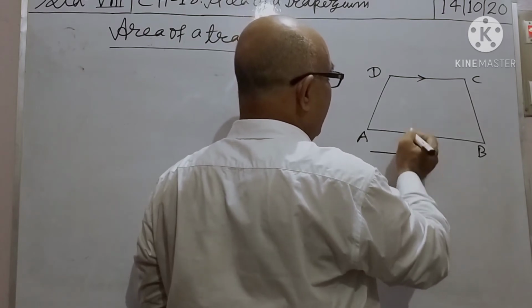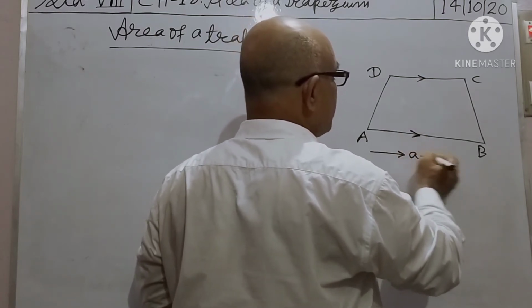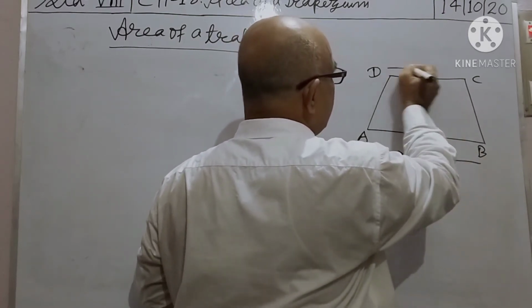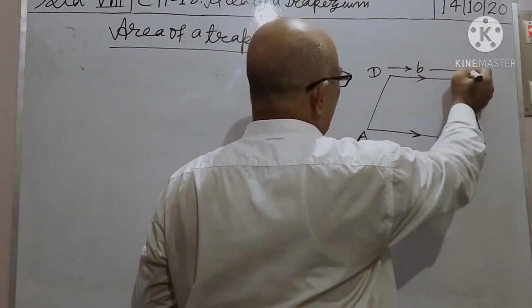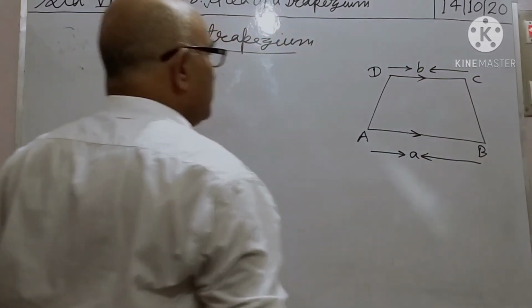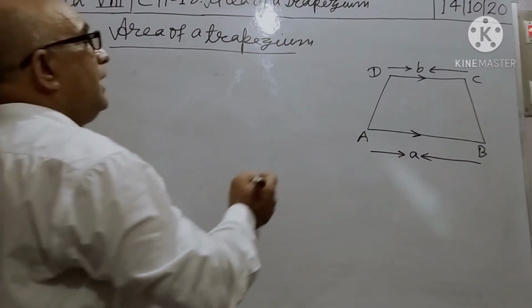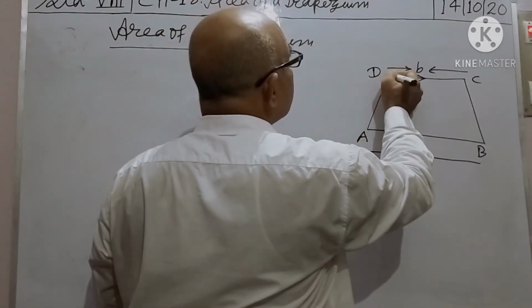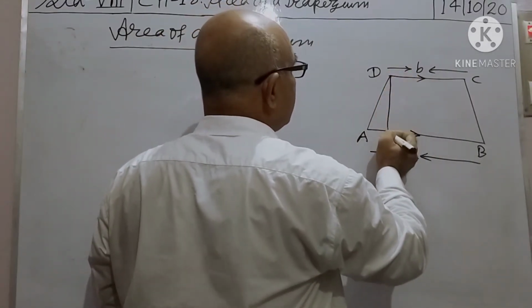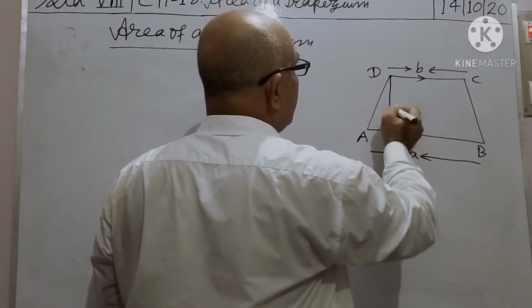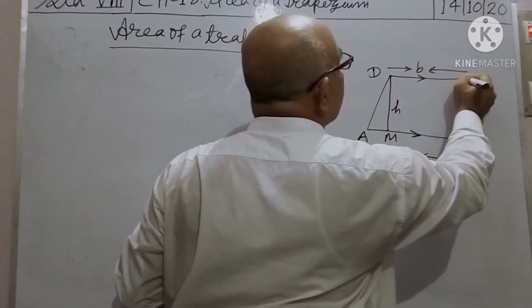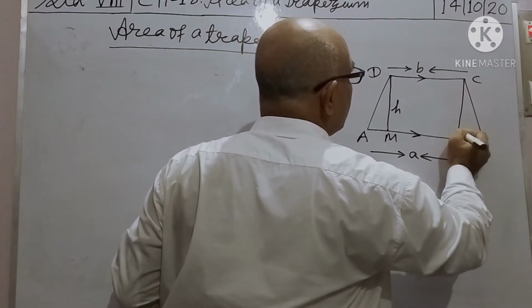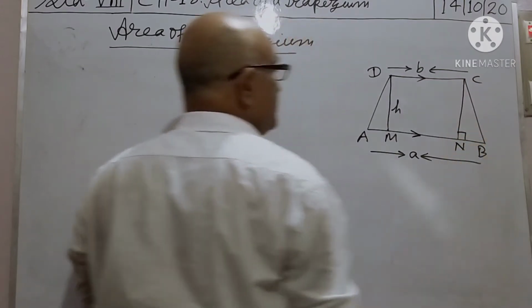Let side AB be small a, and side CD be small b. DM is the height, the altitude, and CN is also a height.